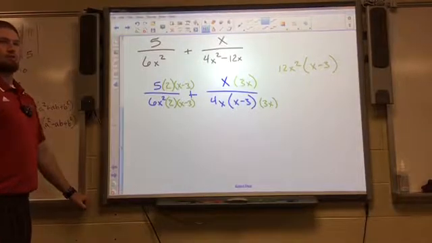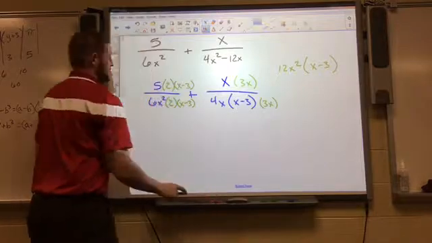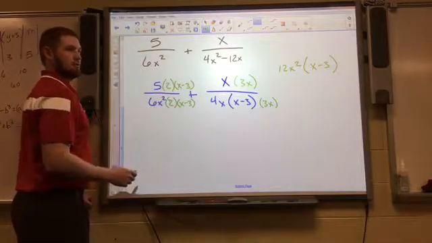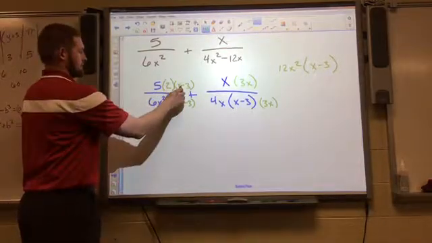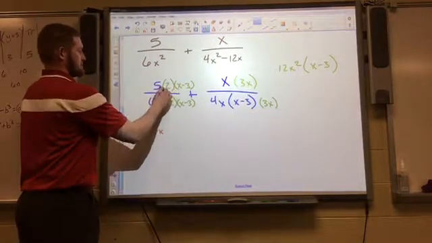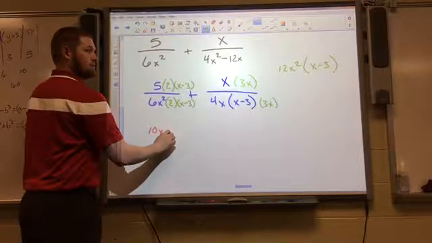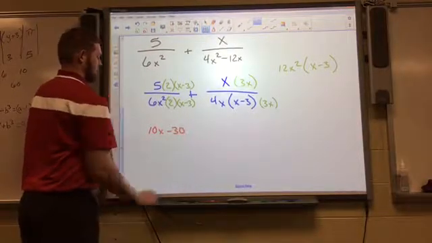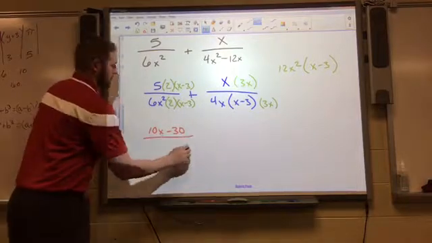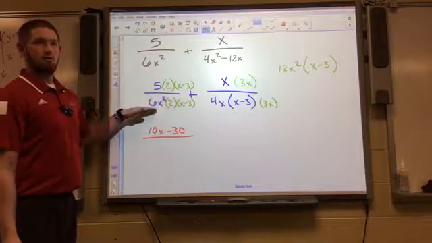Okay. So now I can start simplifying this out a little bit. 5 times 2 is 10 times x, 10x. 5 times 2 is 10 times negative 3, negative 30. Over, this should all come out to be what?